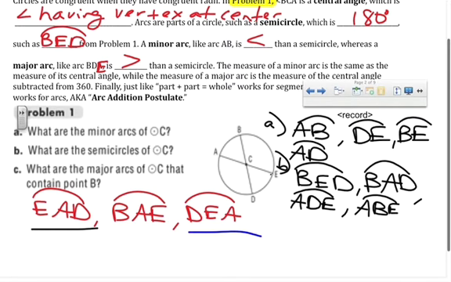That one starts at E, passes through A, and ends at D. Whereas DEA starts at D, passes through E and ends at A. It's a different arc. And here's a big tell, Michael: look at the endpoints of the arc. Notice that they're different. So they are definitely two different arcs.